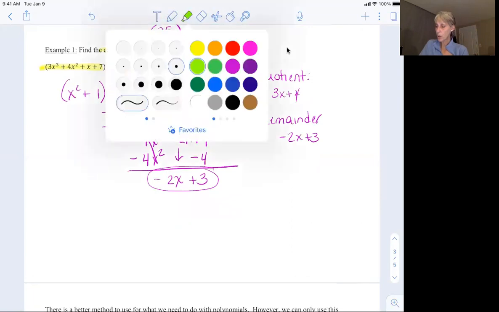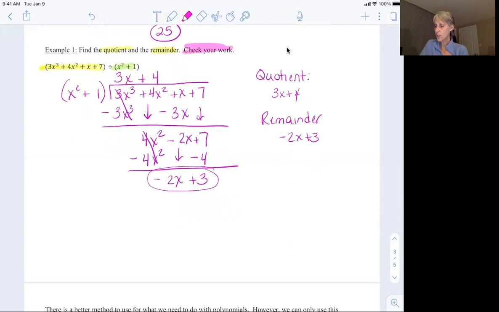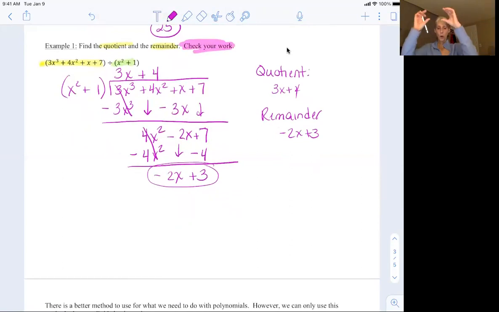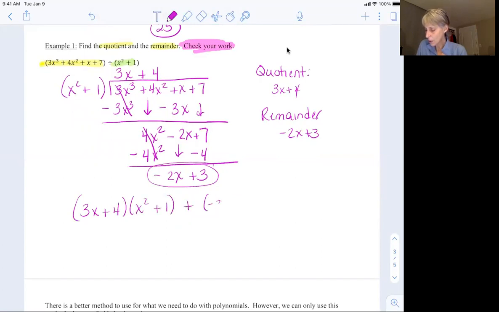We're going to check our work just for this example. And remember, when we check our work, we're doing quotient times divisor plus remainder. So I'm going to write my quotient, which is 3x plus 4, times my divisor, plus our remainder.